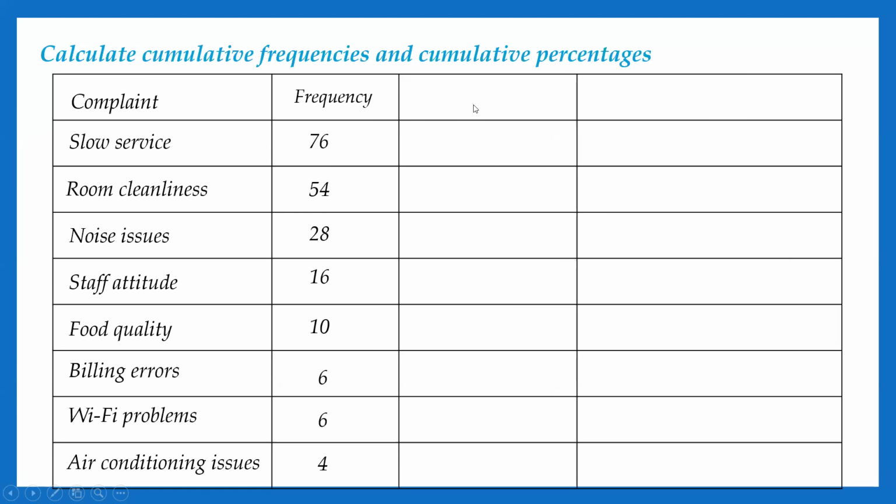I add two columns, which are the cumulative frequency and cumulative percentage. The first cumulative value is 76.